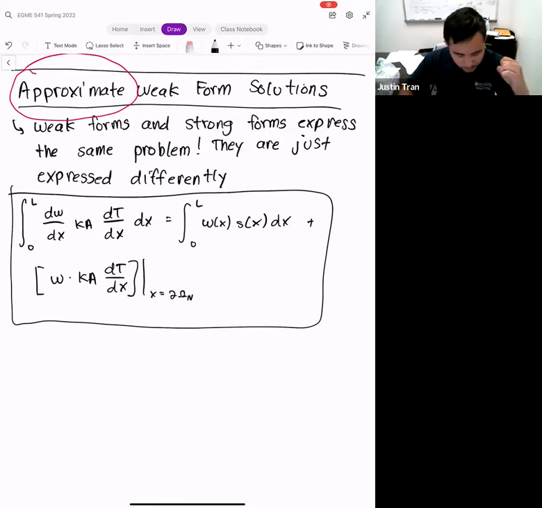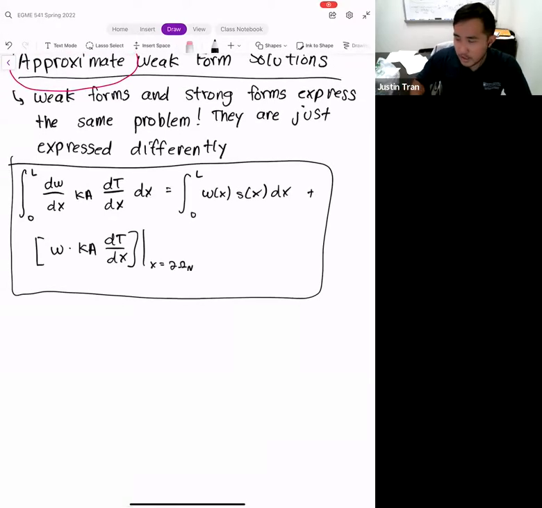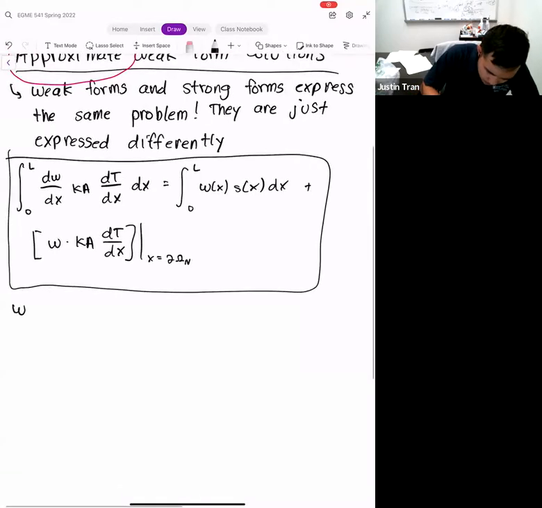Okay, and so with that said, let's break this down a little bit, and talk about the different features of this functional form, right? And so first, let's talk about W. So that's the big thing about weak forms. Okay, and so W of x, of course, is our weighting function.